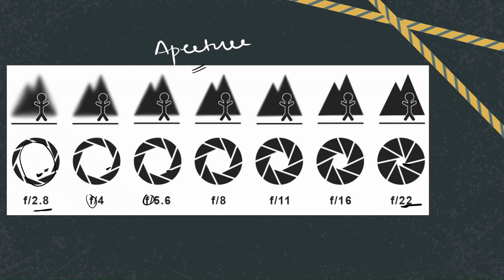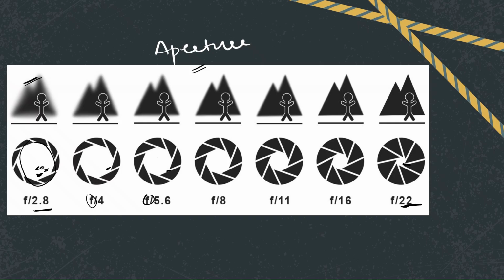If you have a larger aperture like f/2.8, it lets in more light, and it creates a very shallow depth of field, which means that only a small area is in sharp focus while the background is blurred.